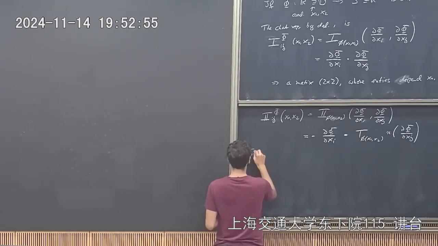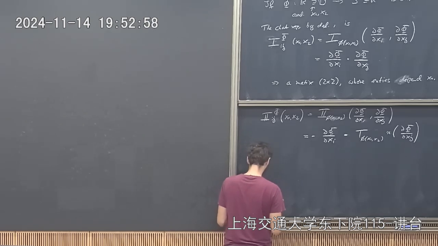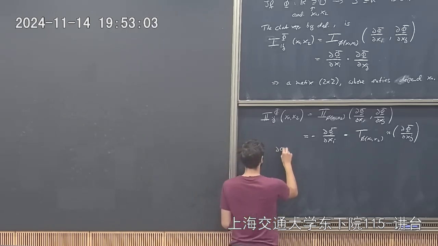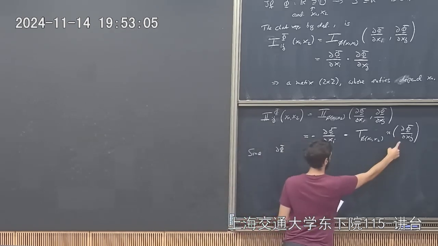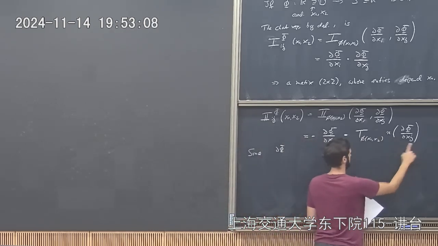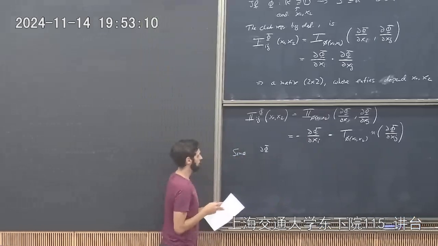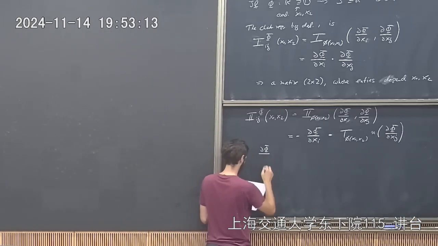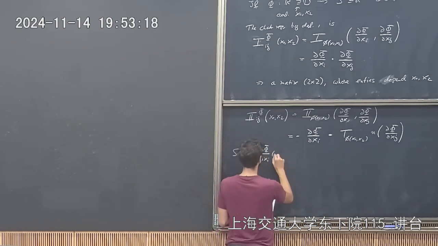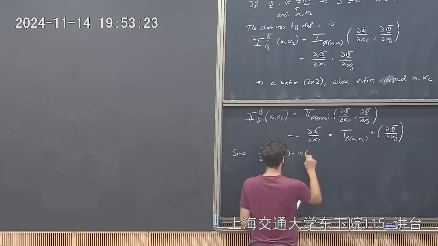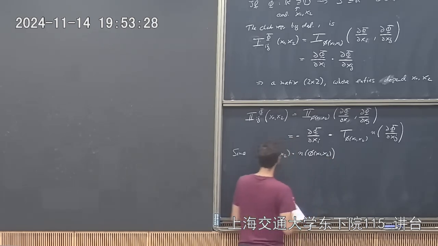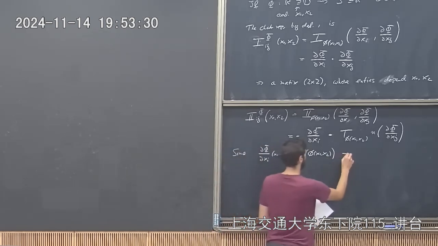Now, we would like to calculate this expression. What we do know about these vectors is that this vector is orthogonal to the normal direction over x1 and x2. So this one is 0.